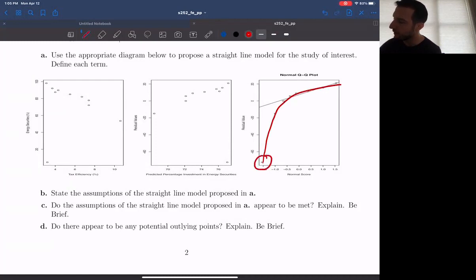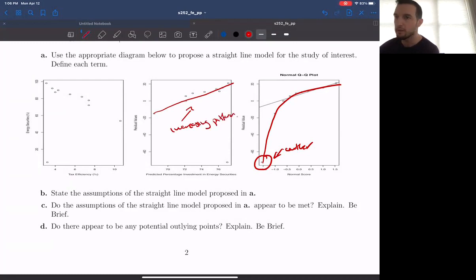Now, you might flag this value as an outlier anyways, but this is still evidence of a non-linear relationship. It's pretty difficult to argue that there isn't a curvature here with the way that the data is distributed compared to the quantiles. And then here you can see this is not a random pattern. This is an increasing relationship. So this certainly doesn't show us what we would expect to see when we're looking for constant variance. So we definitely have some issues with the assumptions of this particular model.